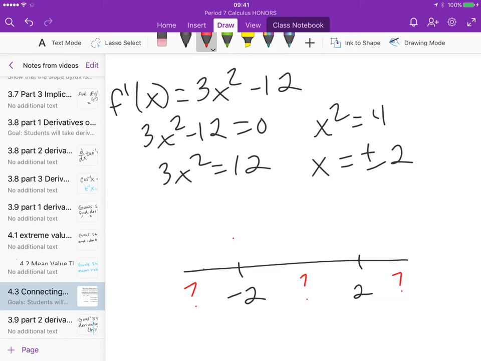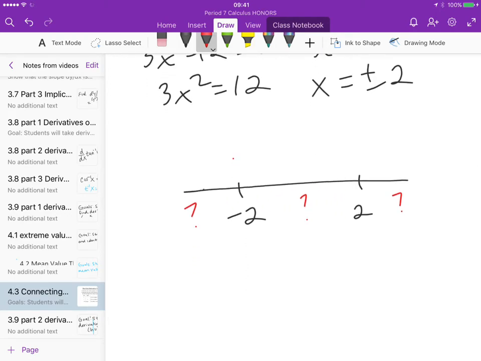So let's think here for a second. We know what's going to be happening at negative 2 and 2 by just substituting those values into f of x. When I substitute negative 2 into f of x, and you can do the math on your own to save some time, f of negative 2 is going to be 11. So I'm just going to put 11 up here at negative 2.